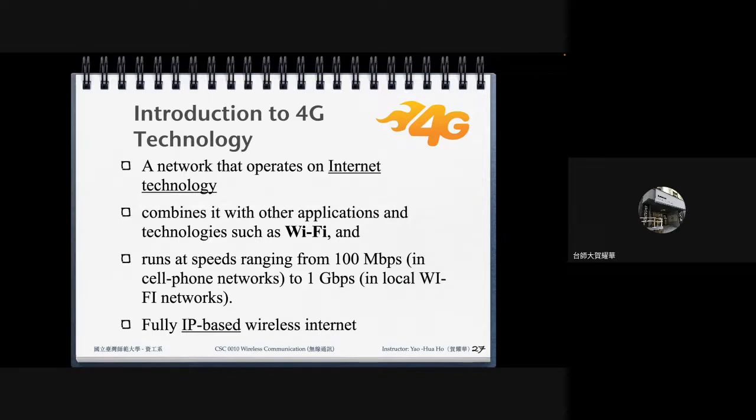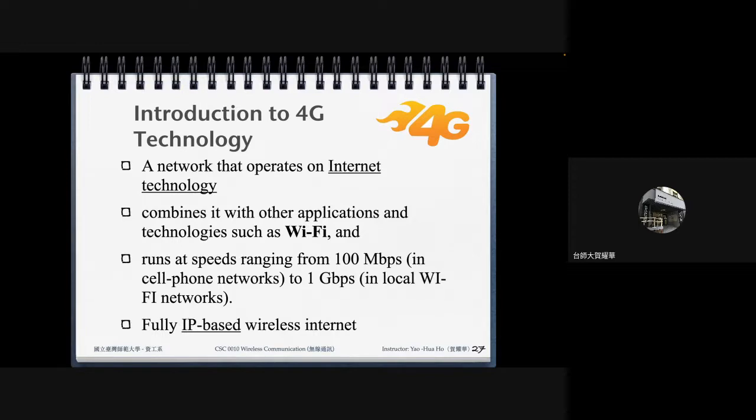Okay, so they combine the fourth generation cell network with Wi-Fi, then they seamlessly connect it as one single network connection. So to your device, you do not know when you switch from cell network to Wi-Fi network. Okay, so to basic users, you do not know. You just look at it as I connect to the internet somehow. Okay, so it combines different technology.